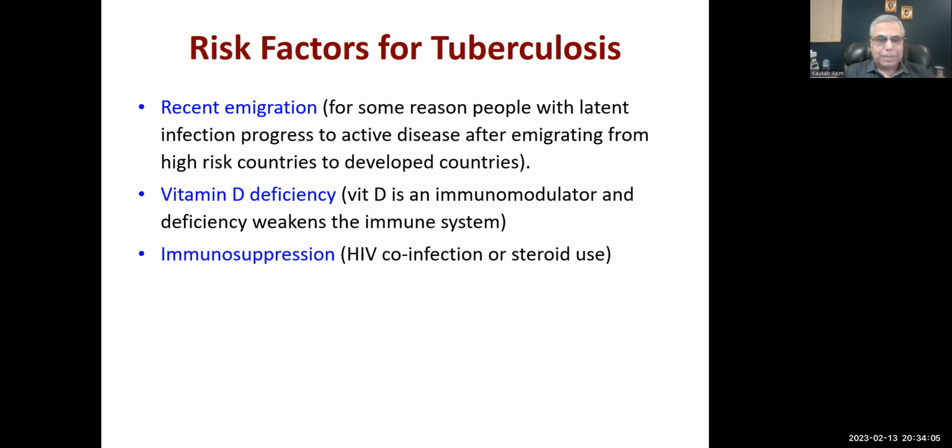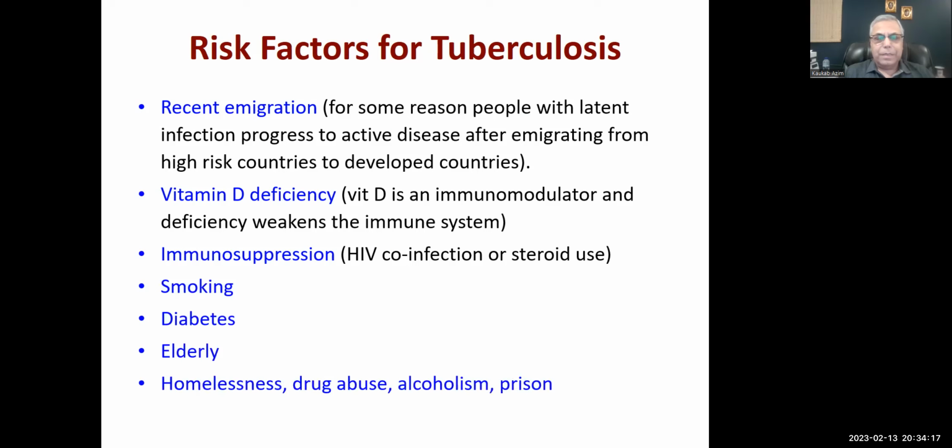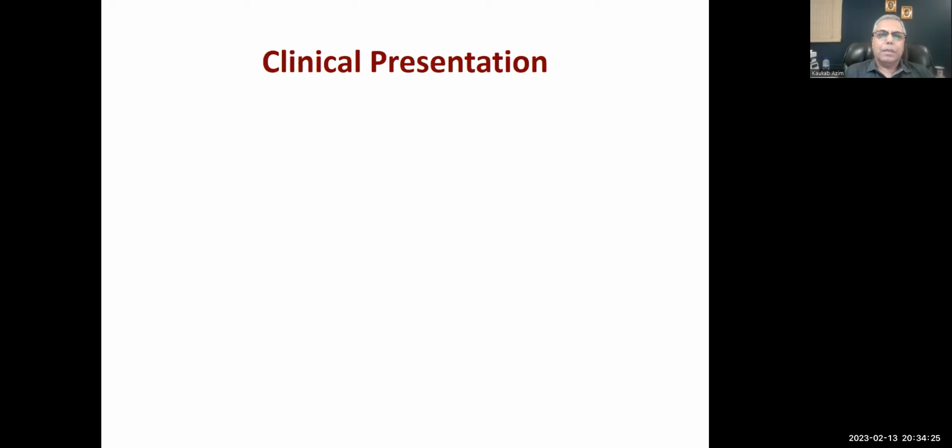Vitamin D deficiency, immunosuppression, you know, like in HIV, or people who have a transplant and are taking immunosuppressive medications. Smoking, diabetes, elderly, homeless, drug abuse, alcoholism, prisoners, because of their unhygienic conditions, they are all at risk of developing disease, right?